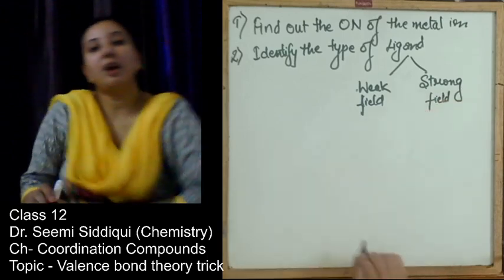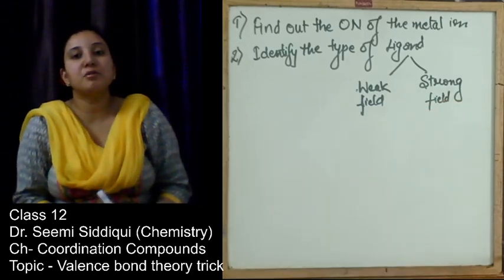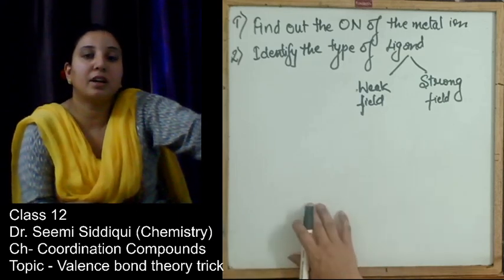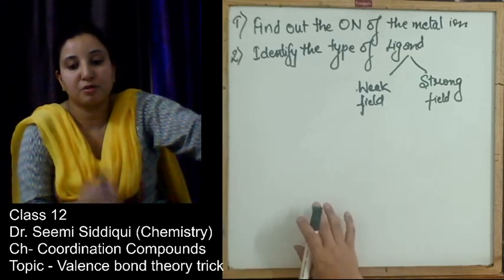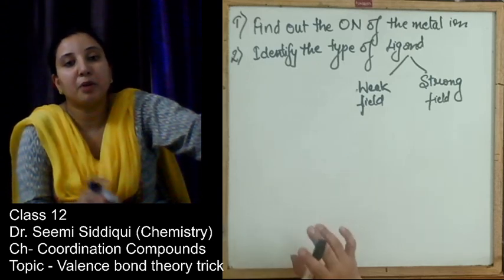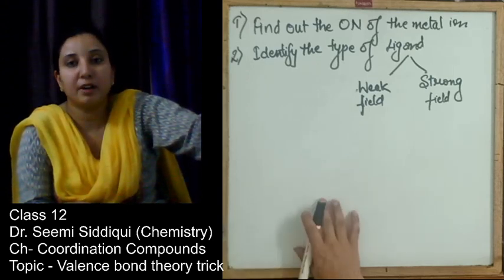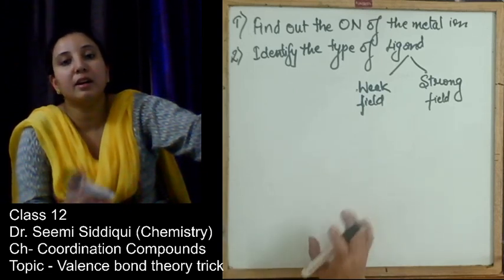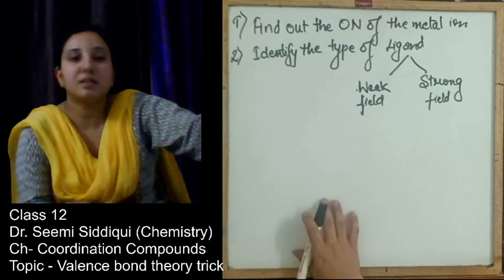Now, many of you are confused about why pairing takes place or why pairing is not taking place. Your confusion will be cleared when we discuss the crystal field theory, because weak field and strong field ligands are studied there.